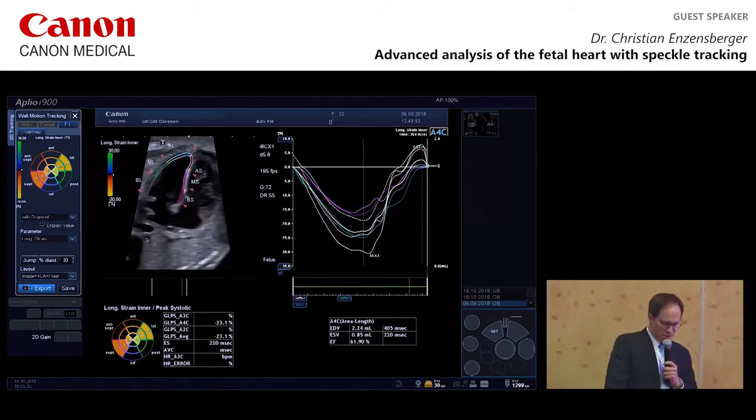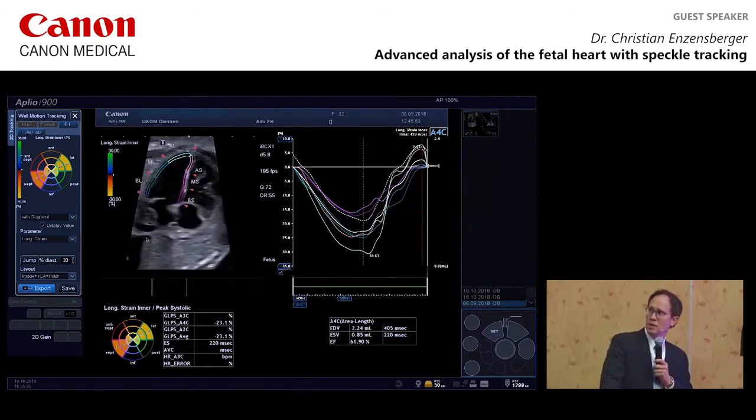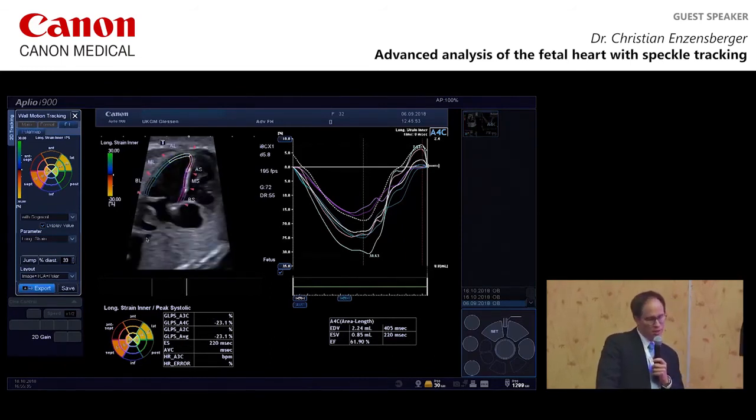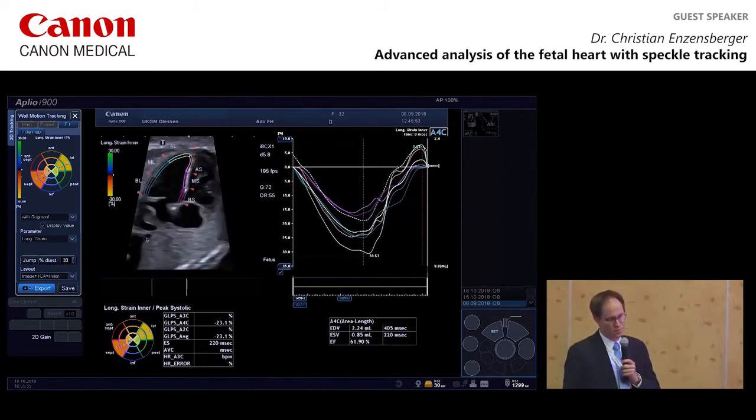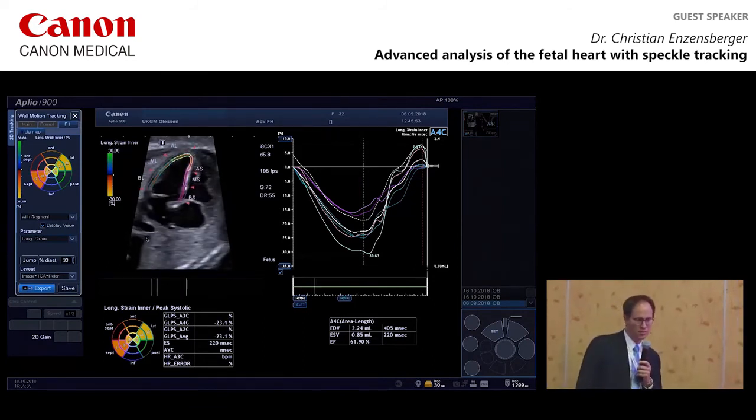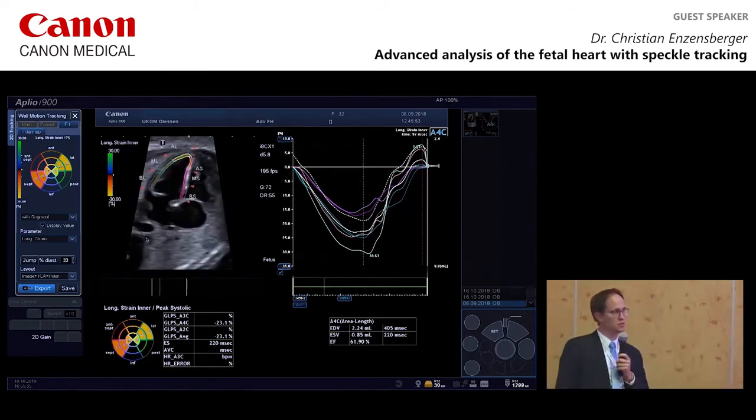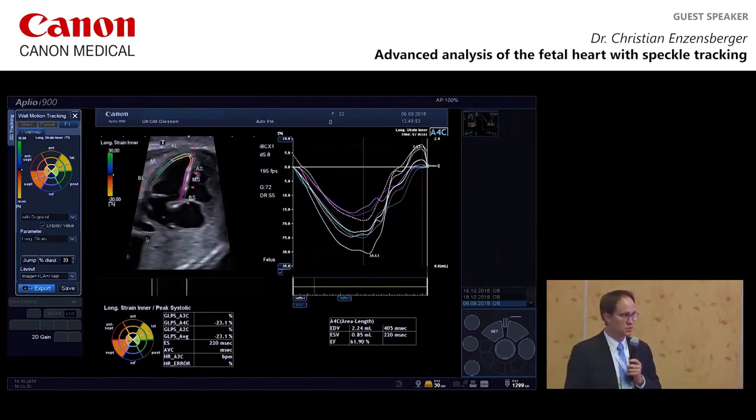I mean, this is this tool of speckle tracking, and when you have a look at the papers which have already been published, it's mainly based on investigations of the second and third trimester.